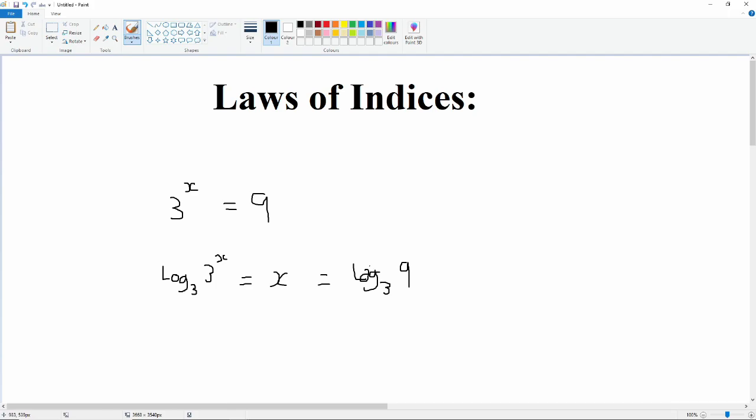Great. Unfortunately, calculators don't do logs to the base 3, so we need to understand one of the laws of indices. Or rather, this is actually a law of logarithms, and it's called the base change formula.